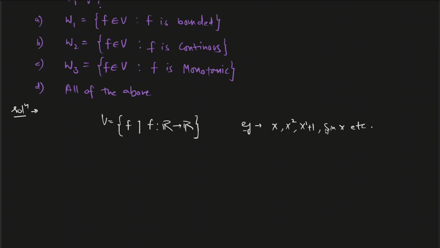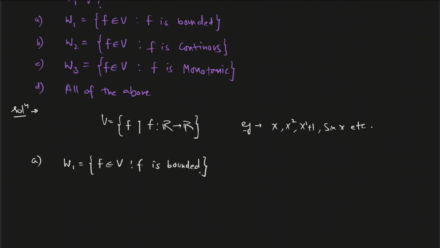We will check all the three options, which of them is a vector subspace or not. So the first option, A, says that W1 is a subspace such that the functions f in W1 belong to V such that function f is bounded. All right.